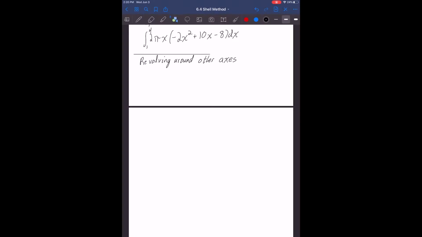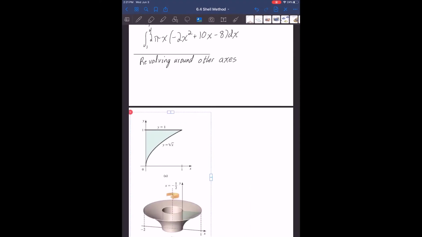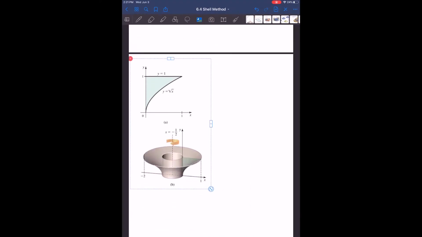So I'm actually going to go through an example where we have a couple of different things happening. So if I pull that up right here, we're going to go through this example where we're looking at the line y equals square root of x and revolving around the line x equals negative 1/2. So we have two different things happening.